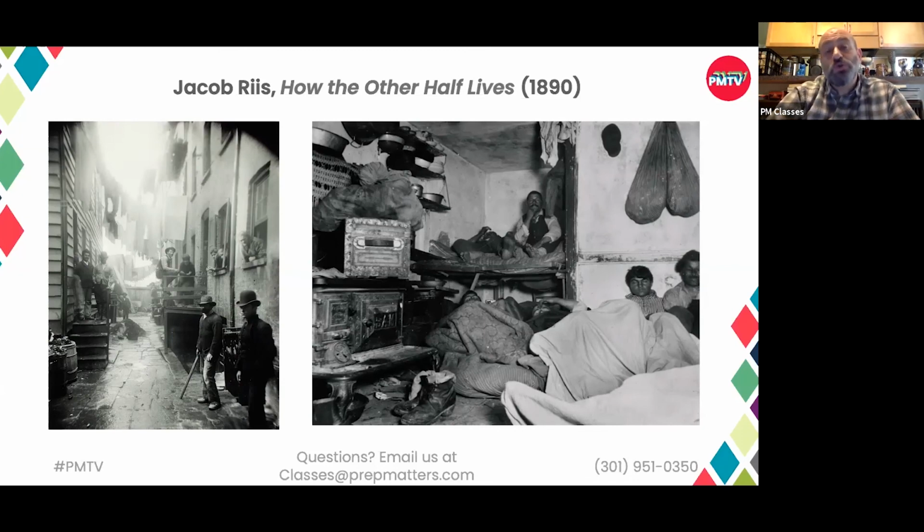And this leads to a movement that calls for government regulation of the railroads, calls for any number of other reforms, including direct election of senators, for free silver, basically the idea that you would have a fixed exchange rate between silver and gold to back up the dollar. And this would cause inflation that would then make it easier for farmers to get out of debt. They call for lower tariffs, they call for women's voting rights, they call for a federal income tax.